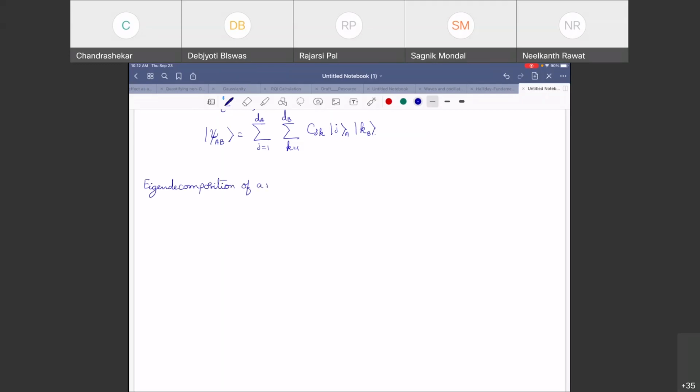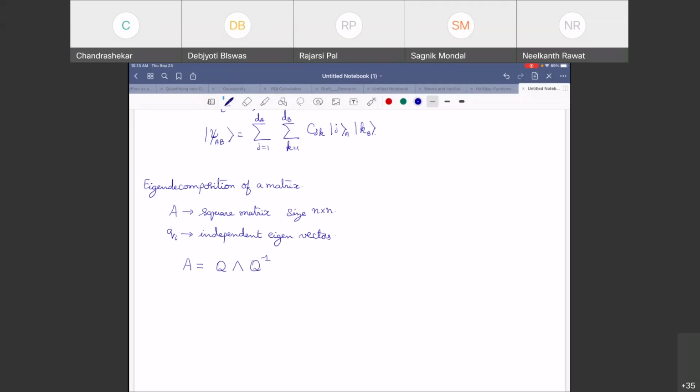If you are given a square matrix A, and the Q_i are its eigenvectors, then if the matrix is diagonalizable, you can write A equal to Q lambda Q inverse. So this is the eigen decomposition of a matrix.